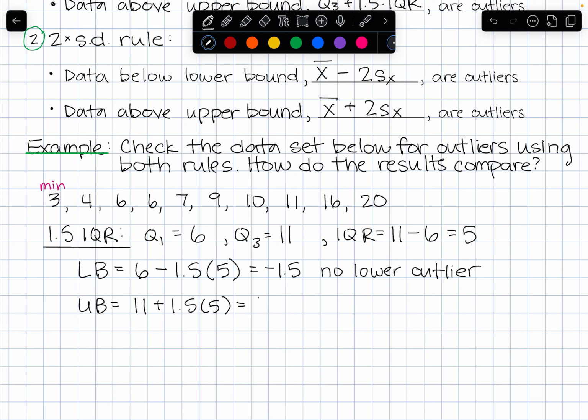And I get 18.5. 18.5 sits between 16 and 20. 20 is bigger than my upper bound, so 20 is an outlier. As we suspected from our box plot, 20 is so far away from the rest of the data, it doesn't really fit that pattern.